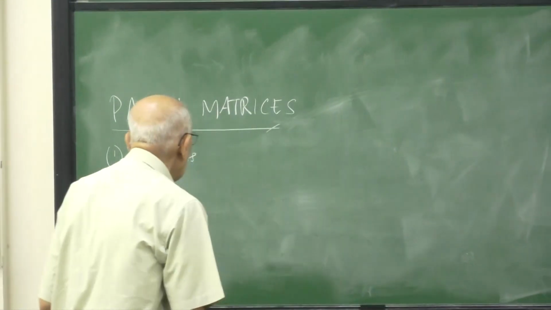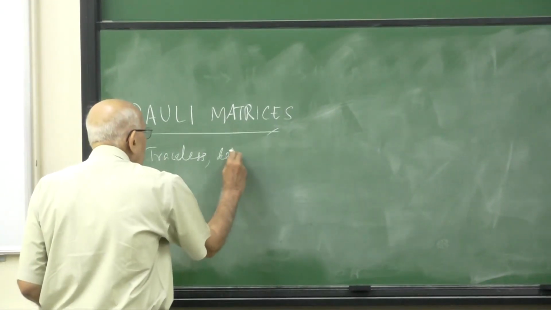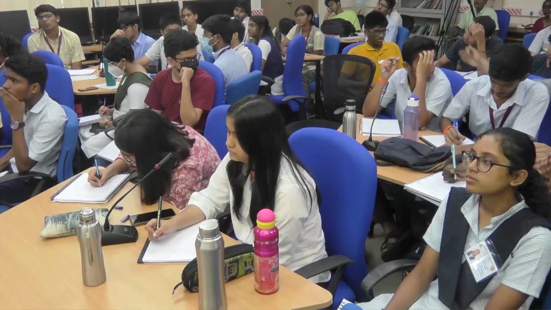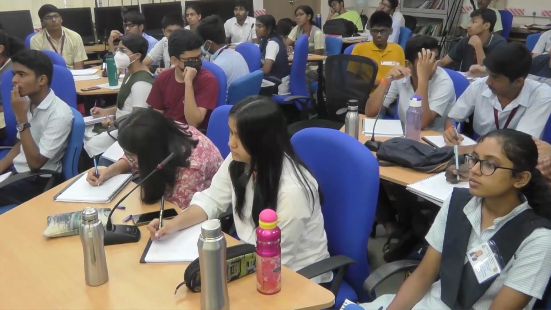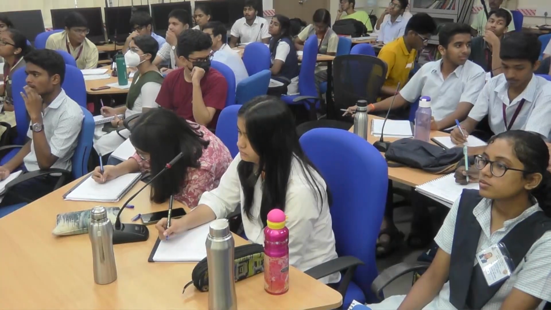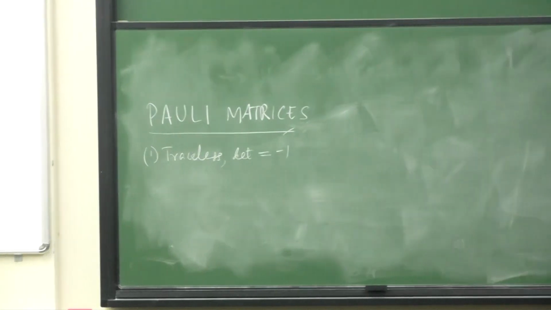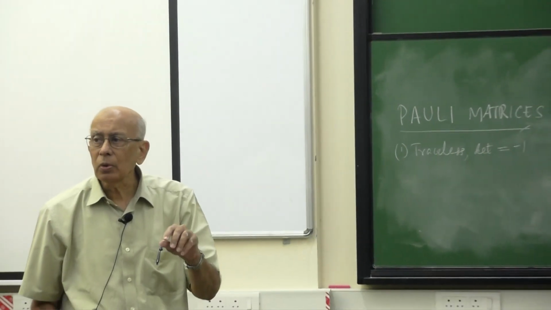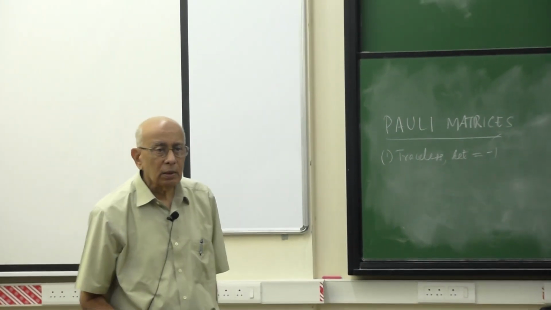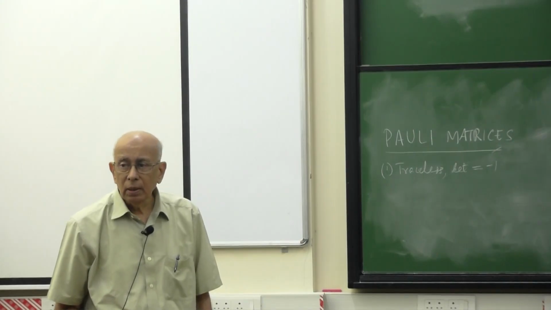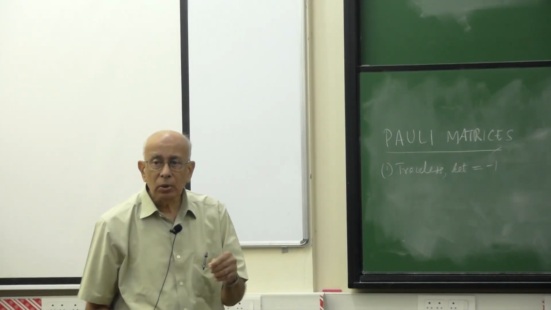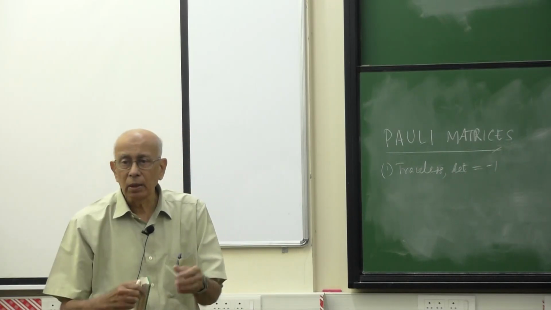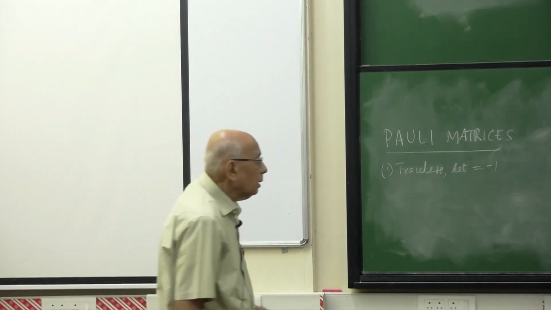So let's look at all the properties of the traceless matrix with determinant equal to minus 1. Are you familiar with the Hermitian conjugate of a matrix? Yes. In matrices, unlike numbers where you take a complex conjugate by setting all i's to minus i's, it's not very useful to take the complex conjugate of a matrix. It turns out it doesn't have that many interesting properties. What has interesting properties is the complex conjugate transposed. So you take the complex conjugate and then you transpose the matrix, or do it in either order, it doesn't matter. Okay.